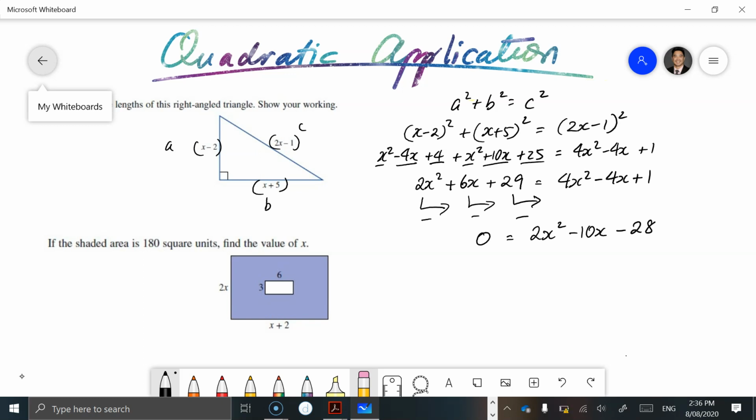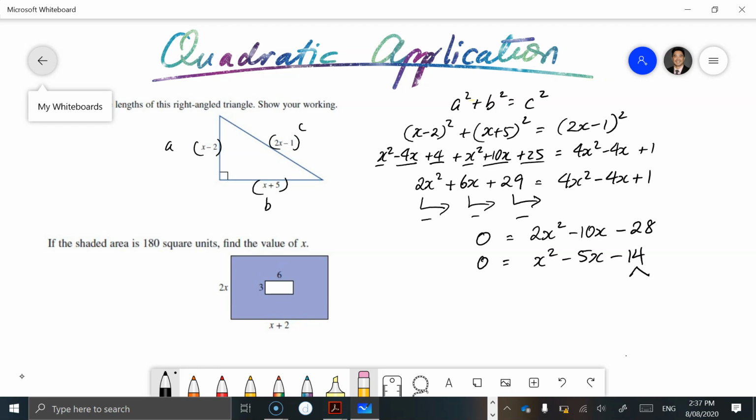What I can see also is I can divide both sides by 2 to leave me with x squared minus 5x minus 14. So what I have here is a monic expression, knowing that I've taken out a common factor of 2 from all three terms.